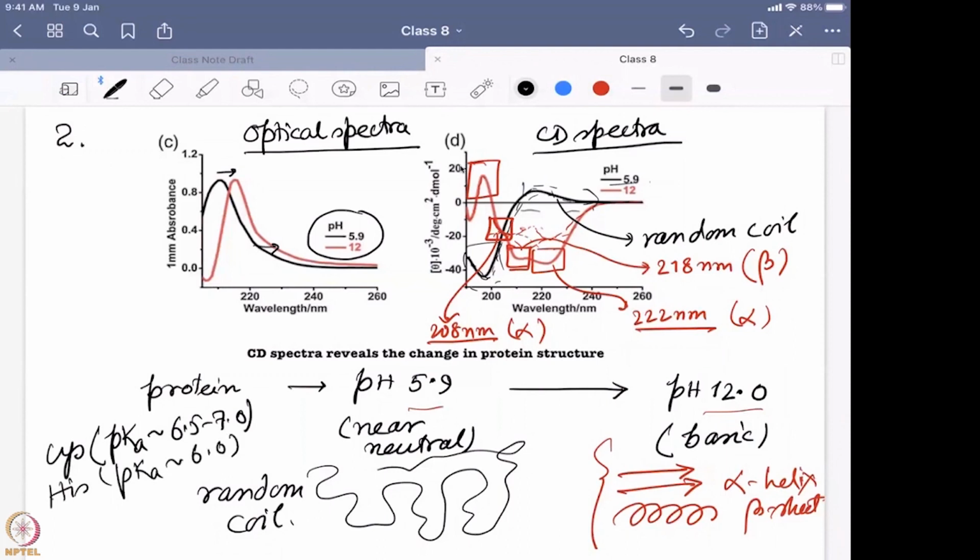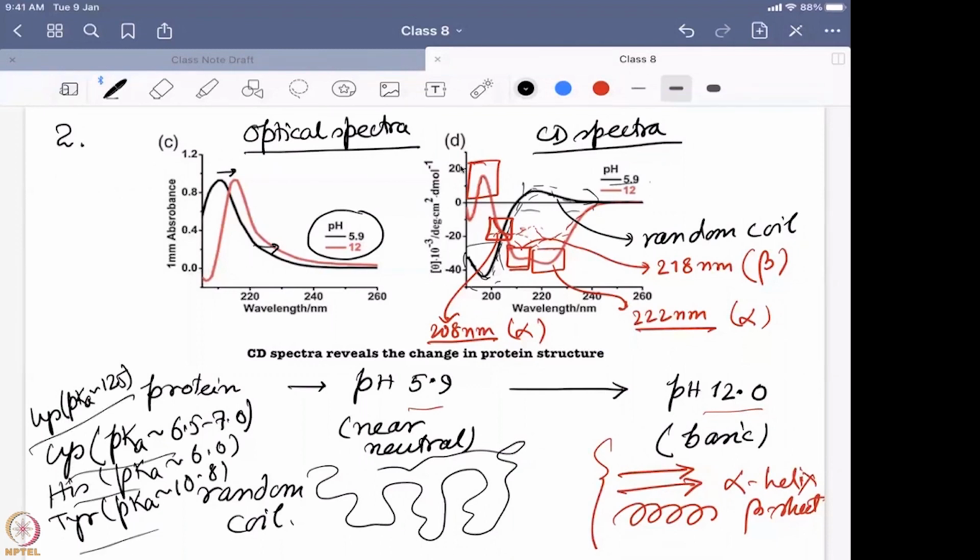You can have the tyrosine group, which has a phenolic OH group, which can have a pKa around 10.8. And you can also have lysines, which have a pKa around 12.5. So if you go close to 12, that means you have started affecting it. All these things can come together and play a huge role over there.